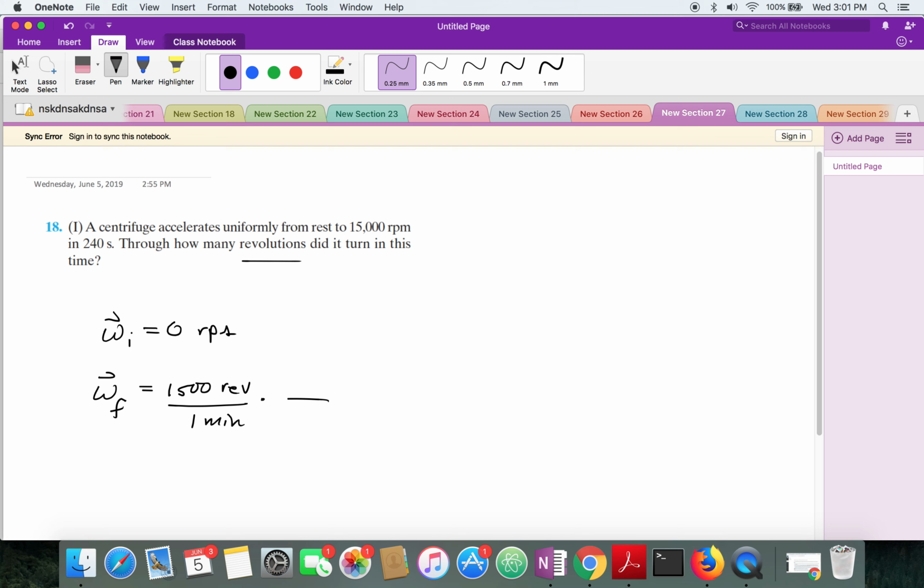In 1 minute there are 60 seconds, so the minutes will cancel out, and we'll have revolutions per second. So it's 1500 divided by 60, which is 25. So we have 25 revs per second.